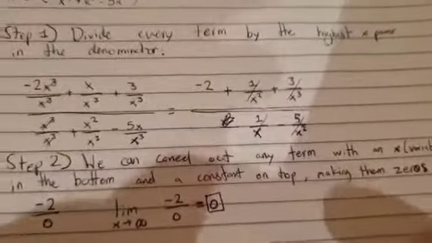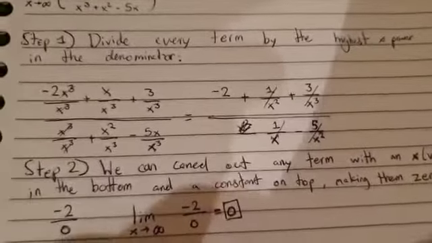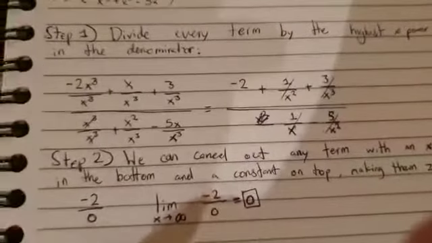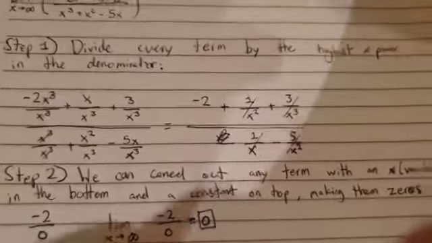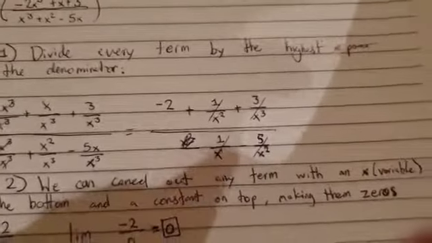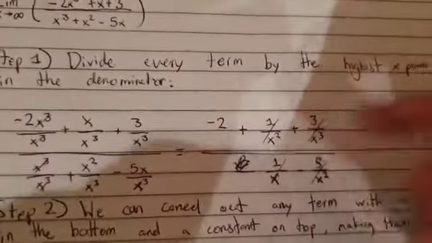It has to be that way. It has to have a variable in the bottom, in this case x, in most cases x, unless applications are considered, but let's not talk about that. And the constant on top, right? So we make those zeros, and we get -2 over 0, right? That's the point.